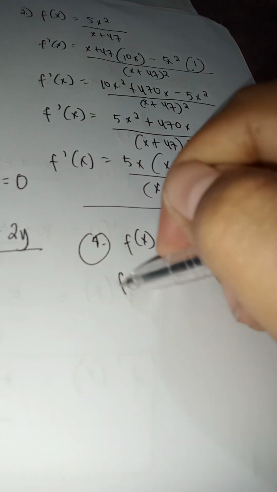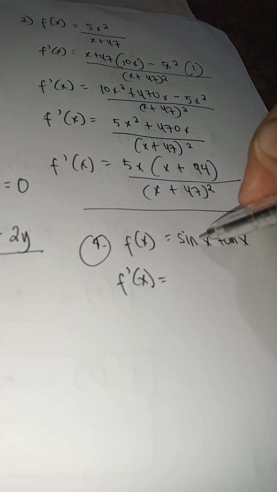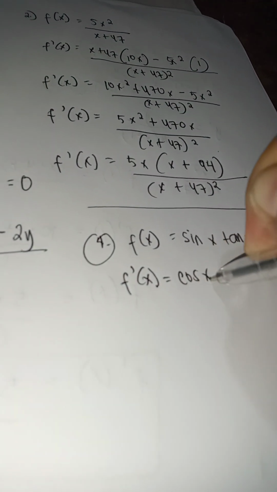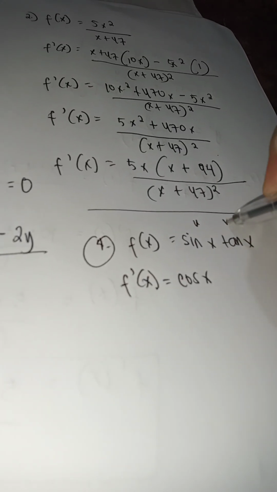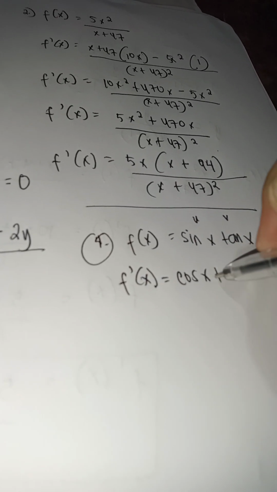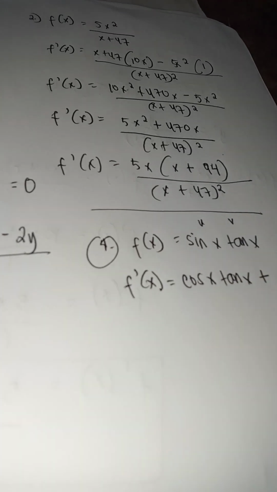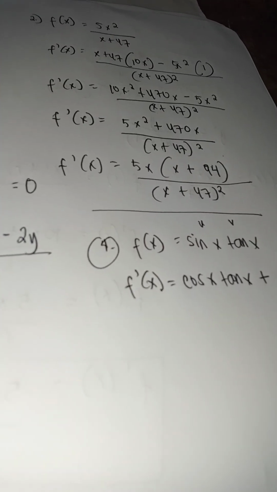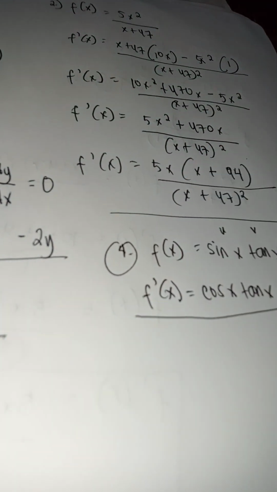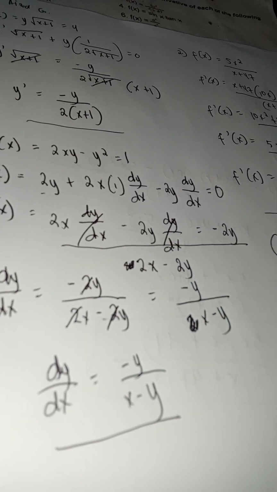So f prime of x is equal to the derivative of sine, which is cos x, copy tan x, where this is u and this is v. After that, we add sine x times the derivative of tan x, which is secant squared x. So this is our final answer. So let's proceed with number 5.